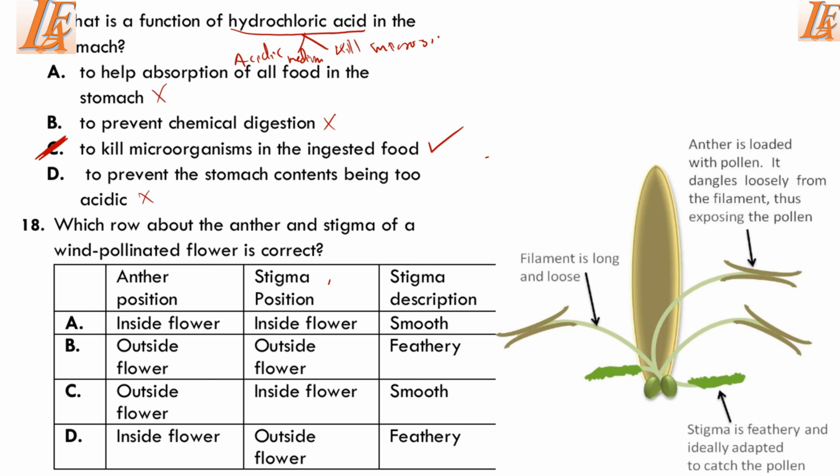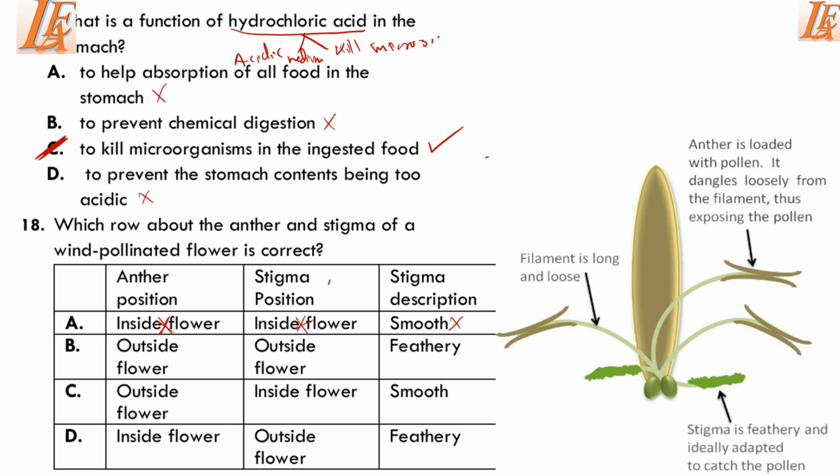So in this case, the first option that we have been given is that the anther is inside. This one is wrong. The stigma is also inside. This is also wrong. And then the stigma description is smooth. The stigma description is feathery. So the first option is wrong.